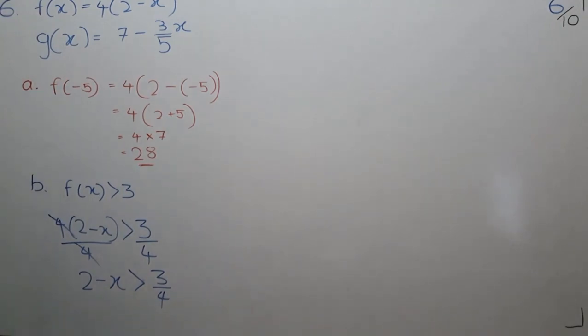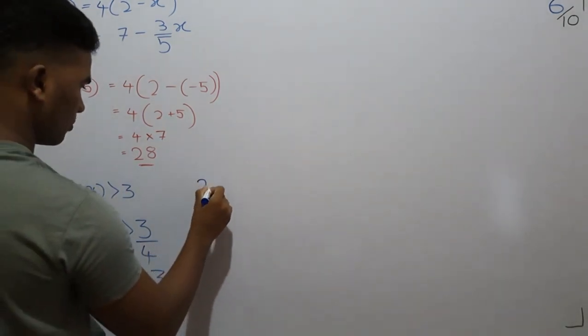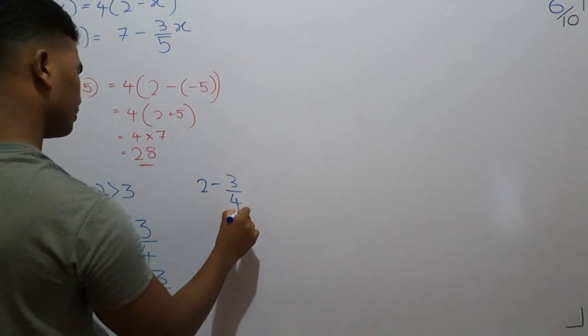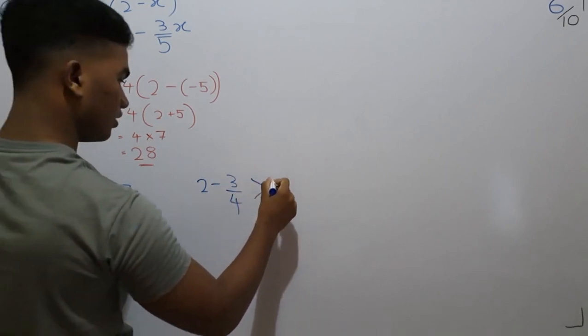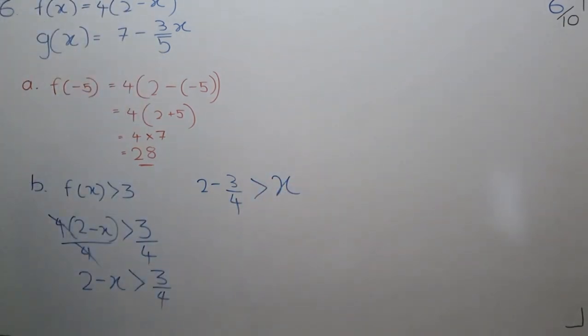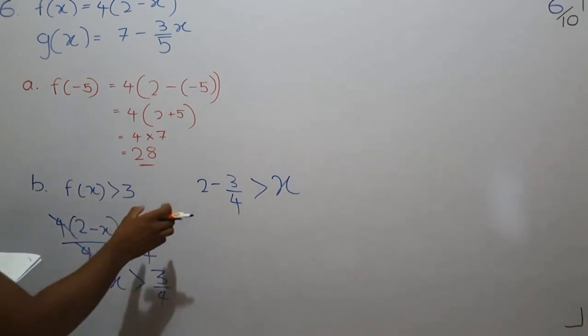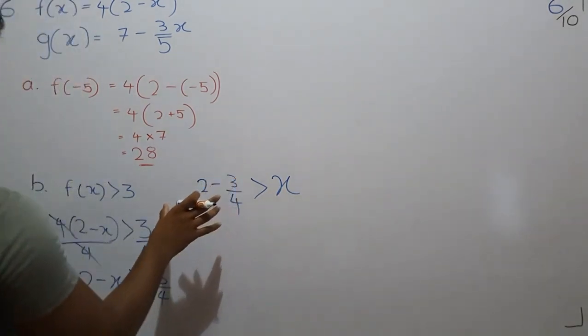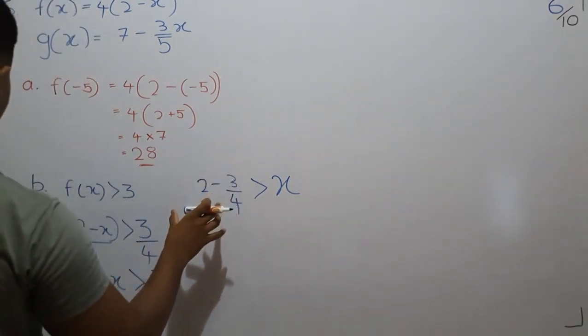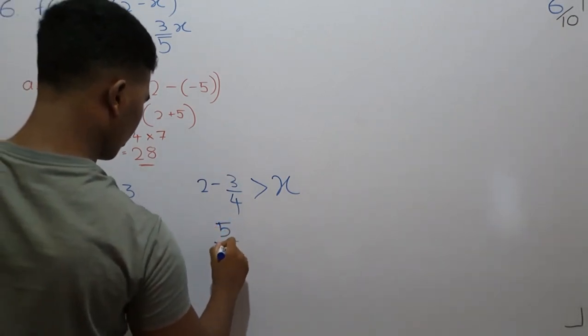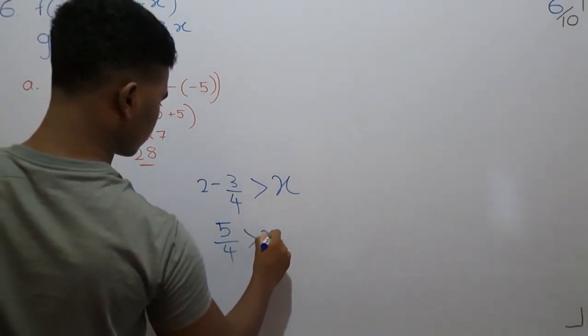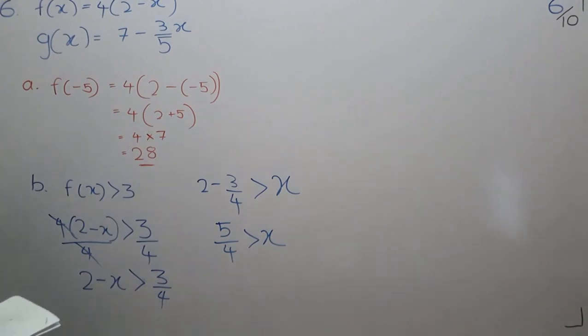So if you take it like that, you are getting 2 minus 3 over 4 equal to plus x. When you solve this, you are getting 5 over 4. This is your final answer.